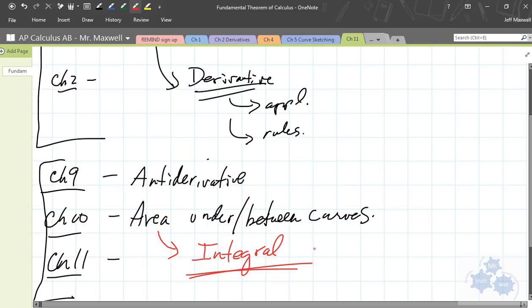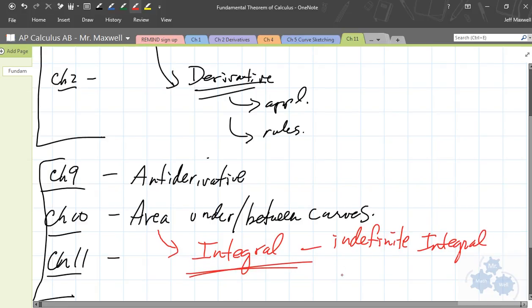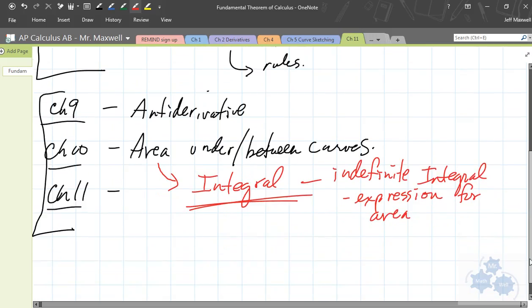Now, the indefinite integral, and you can write this down now, is the expression for the area under the curve.